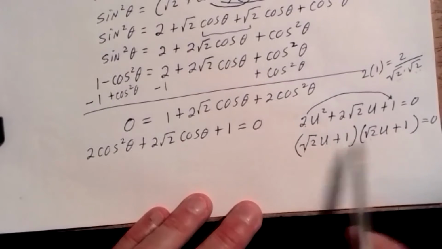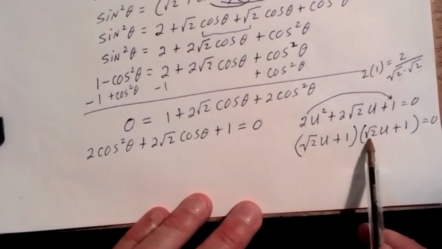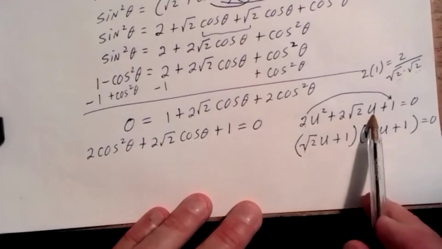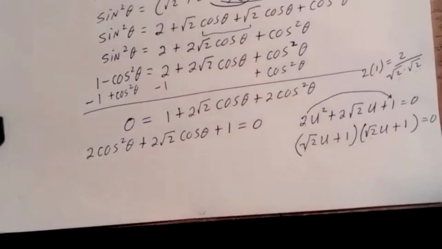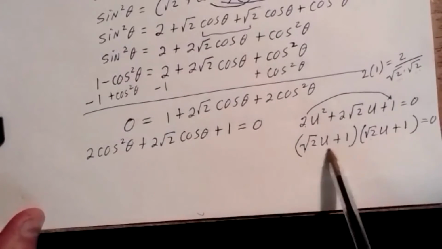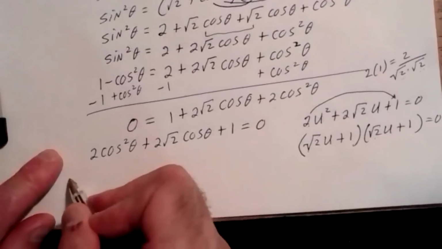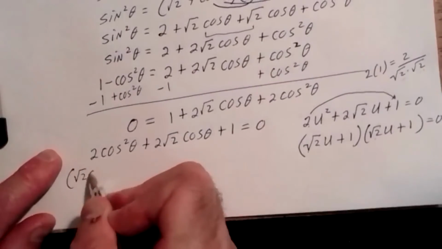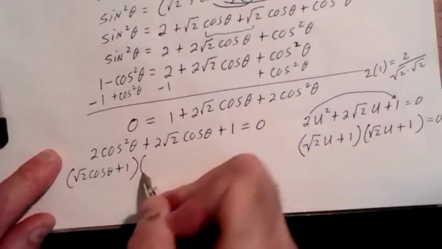Square root of 2u times 1 is the square root of 2u, plus another 1 times the square root of 2u is 2 square root of 2u's. 1 times 1 is the last term 1. So this will work. This trinomial does factor. So the left side of this equation will factor into the square root of 2 cosine theta plus 1 times itself.